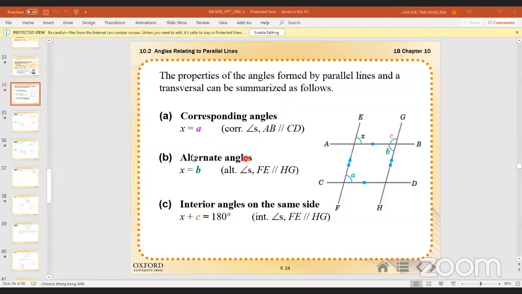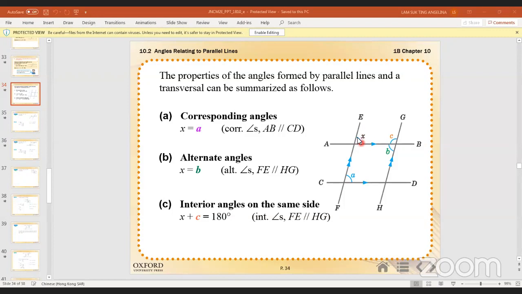And then alternate angles, say X and B. In this case, we refer to FE and GH, which are parallel, and you can see the positions of these two angles are totally opposite.